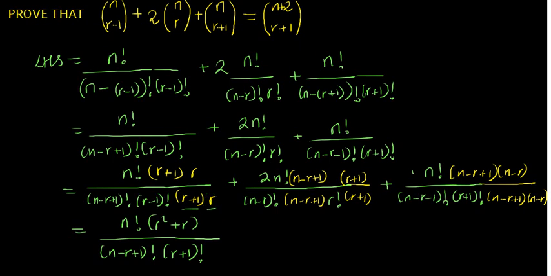Okay. And then on top, I can multiply these two with everything inside here. So I'm going to first write n factorial alone. So that means this is going to be 2n, this is going to be negative 2r, and then this will be positive 2. And then each of these I'll be multiplying by r and by 1.